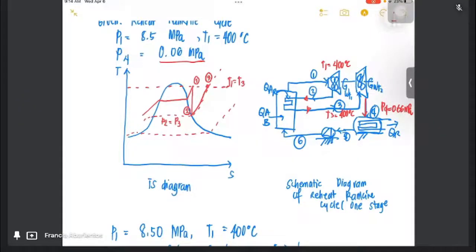So, this is now your pressure 4, which is equal to pressure at 0.5. So, from state 3 to 0.4, that is an isotropic process. And nagpo-fall siya sa loob kasi nasa wet region siya. This is now your 4. 2, 3, 4. After that, Rankine na.